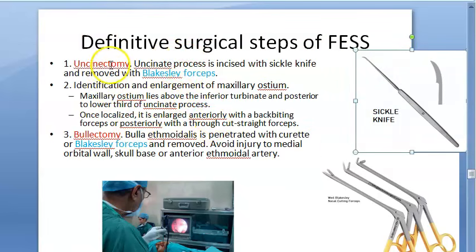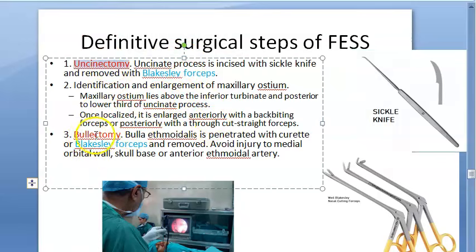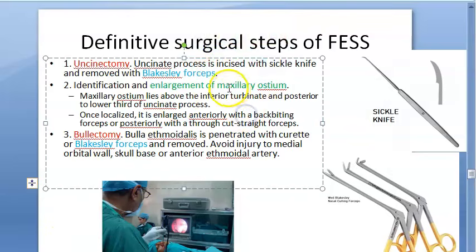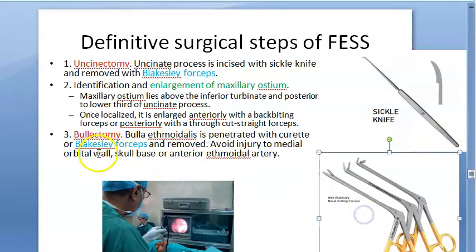So in this, what and all they are doing? If it's required, uncinectomy, then enlargement of maxillary ostium. So basically, they are going to enlarge the opening of the maxillary antrum, the maxillary sinus. Then they are doing bullectomy. Bulla ethmoidalis is penetrated, okay, with this forceps. We'll come to all this.